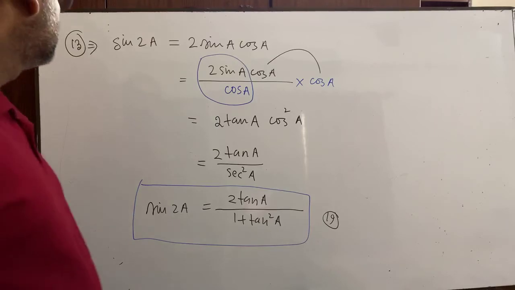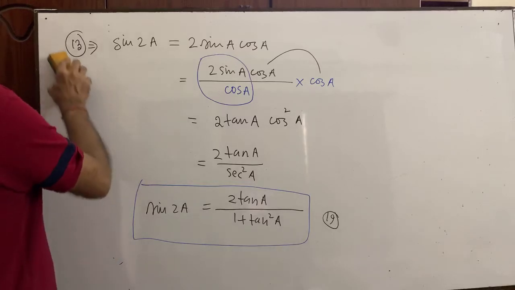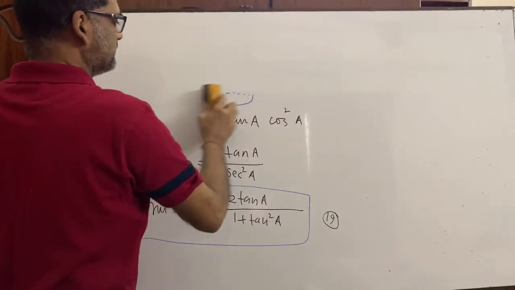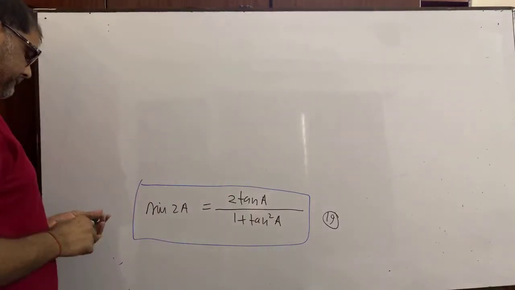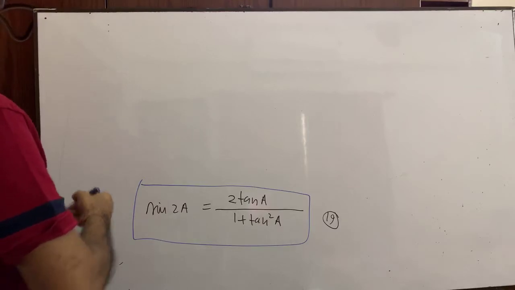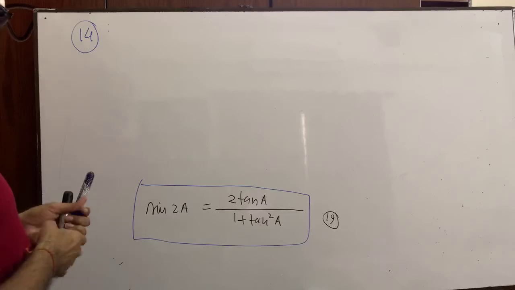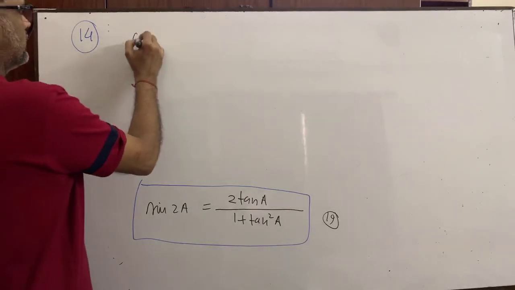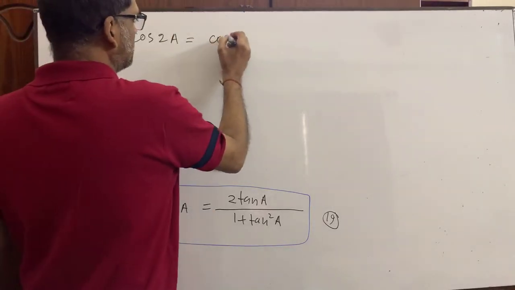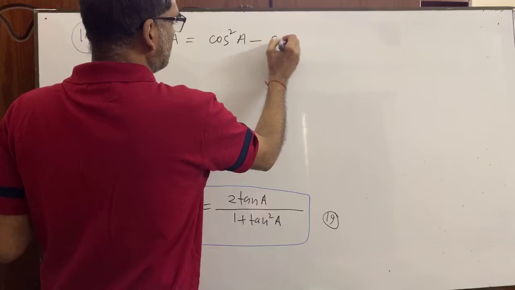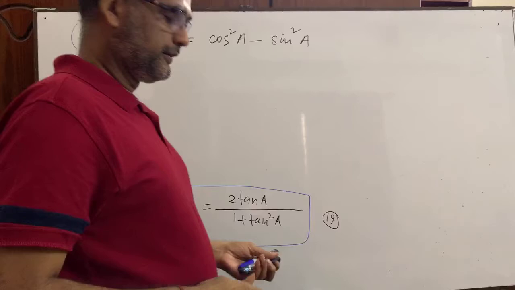Okay, now go to formula number 14. What was written there? Cosine 2a is equal to cos square a minus sin square a, right?